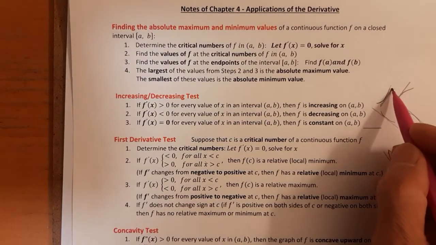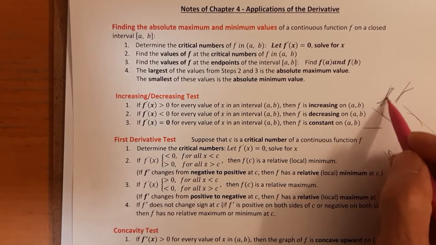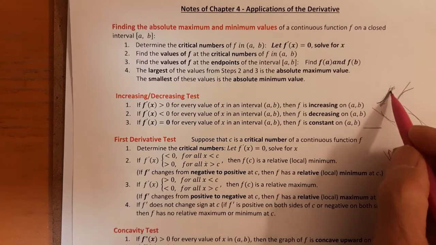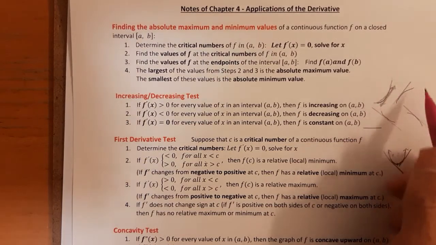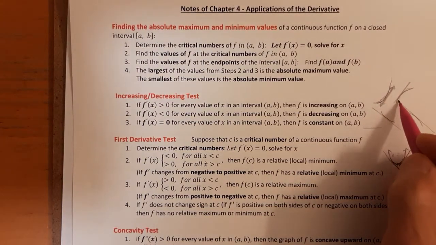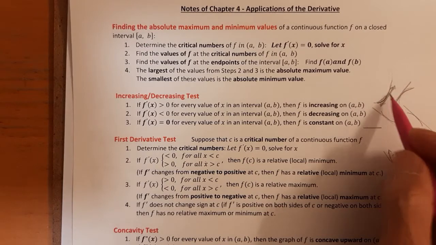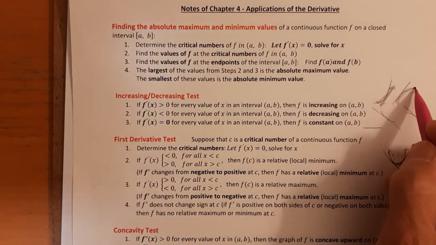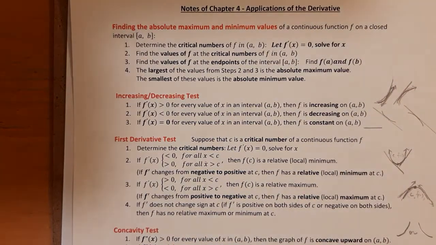If the tangent line rises up from left to right, the slope is positive, and the function is going to be increasing this way, or this way: concave up, increasing, or concave down, increasing.